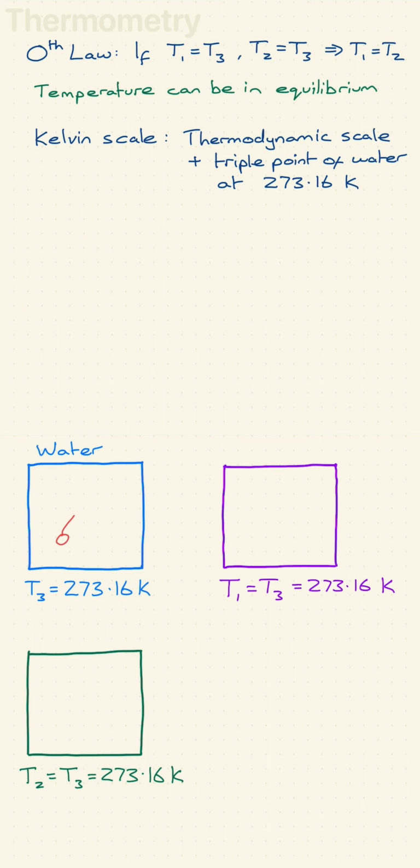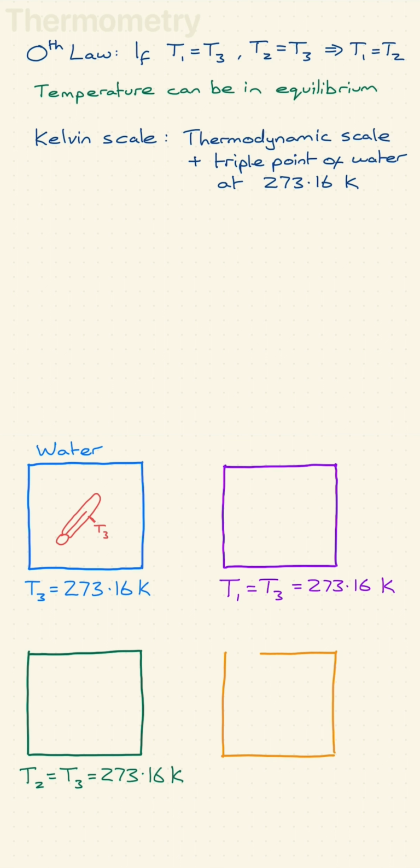Let's take a blank liquid in glass thermometer and put it in this box. Its temperature will become exactly 273.16 Kelvin. The temperature will cause the thermometer to change somehow. In this case, it causes the length of the liquid column to get longer, so we can mark the length with a scale and label it.